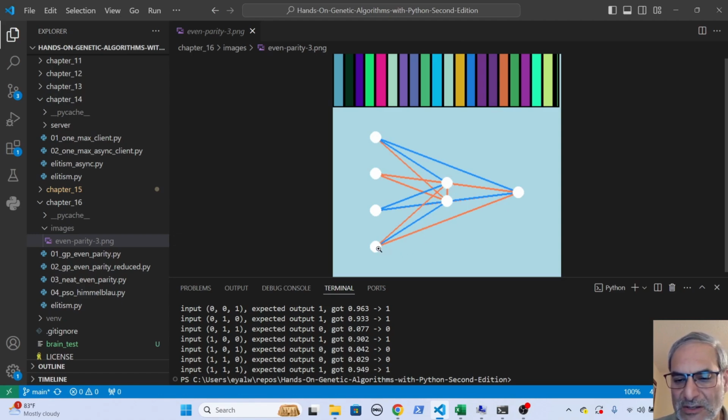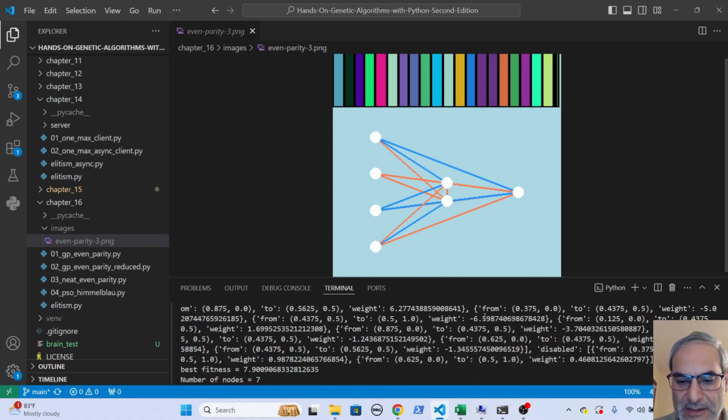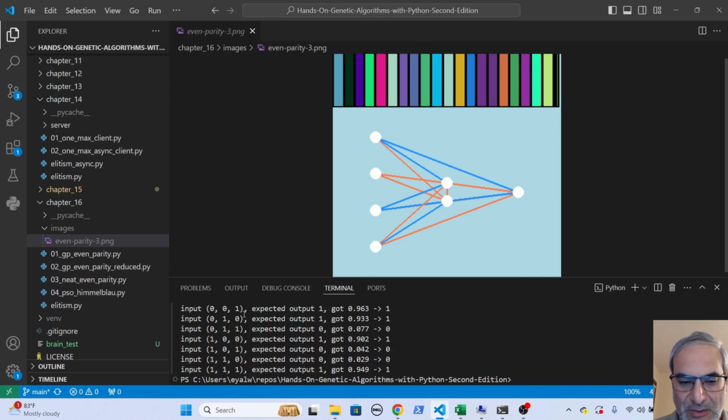We can also see that NEAT allows the inputs to go directly to the output. You can skip layers if you want. And at the end of it, we can see here the truth table, all the combinations and the values that they yield at the end, which gives us actually the perfect truth table that we wanted.